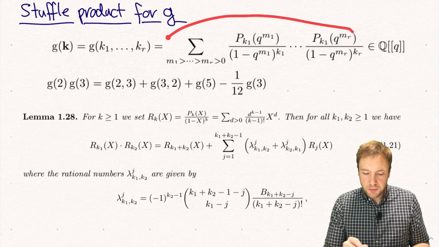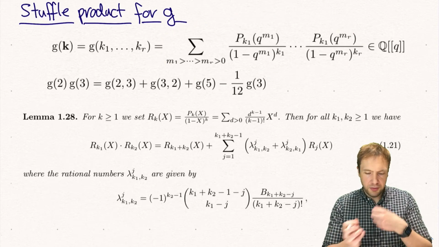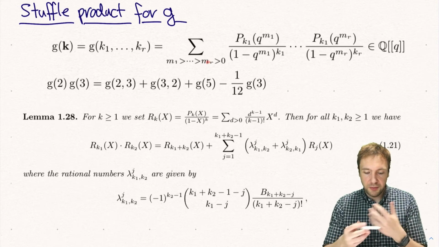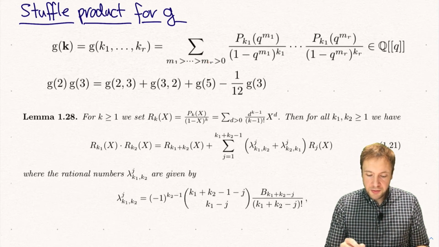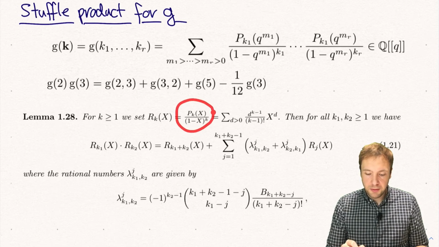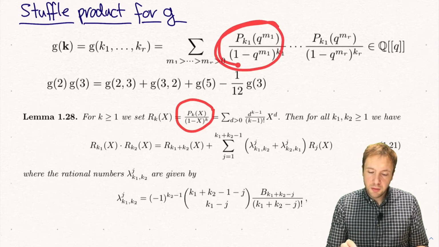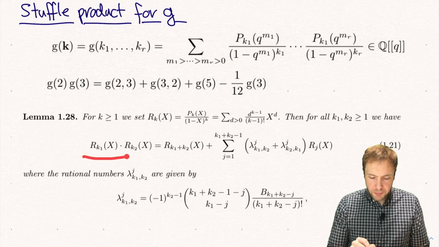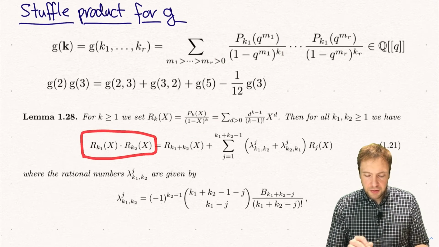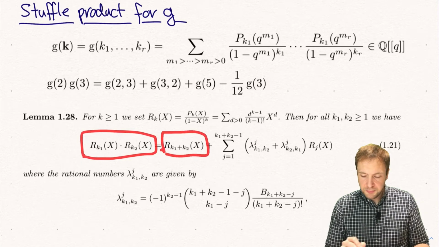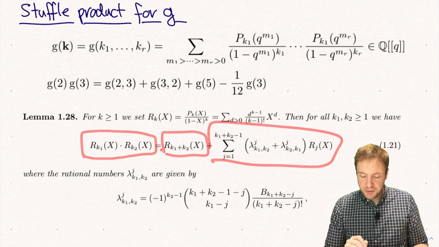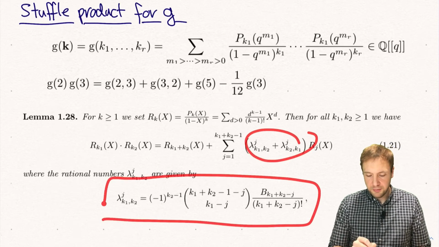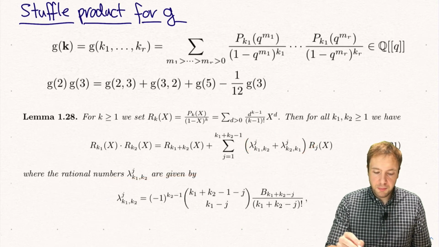Every time you multiply a sum like this, you will do this ordering thing, and then you also have the cases where these m's are the same, and then you need to say what happens if I multiply two of these rational functions. The statement was that the product of two of them is given by this plus these lower weight terms, and these coefficients, these lambdas, were given by these rational numbers.